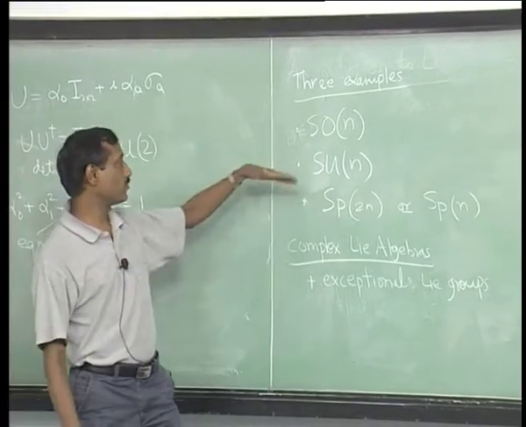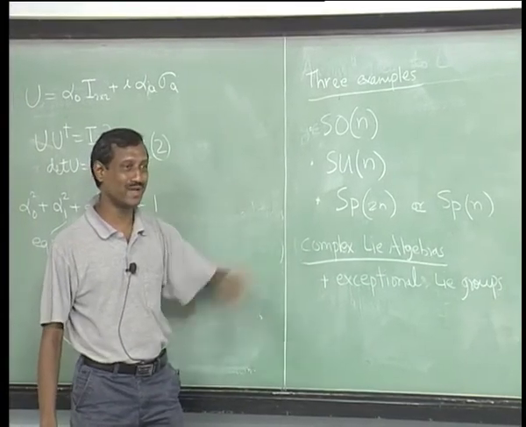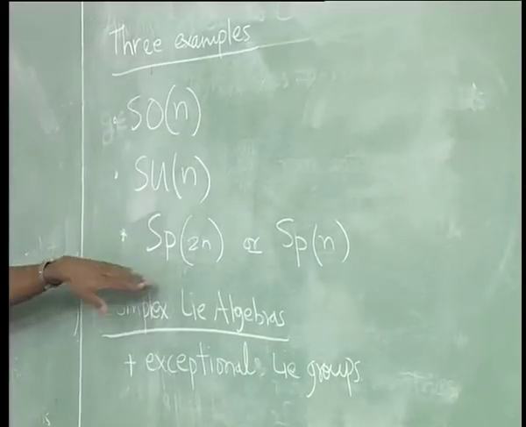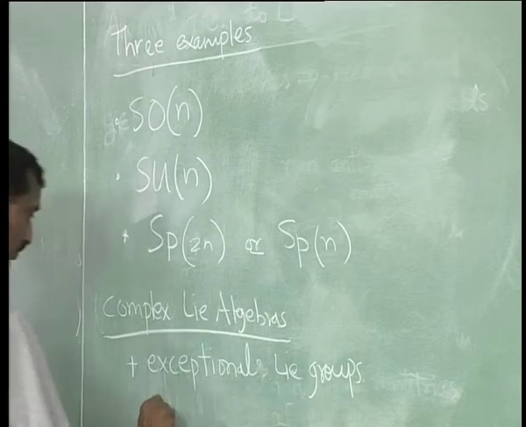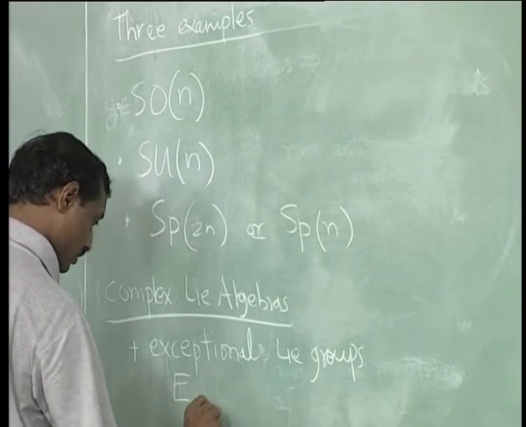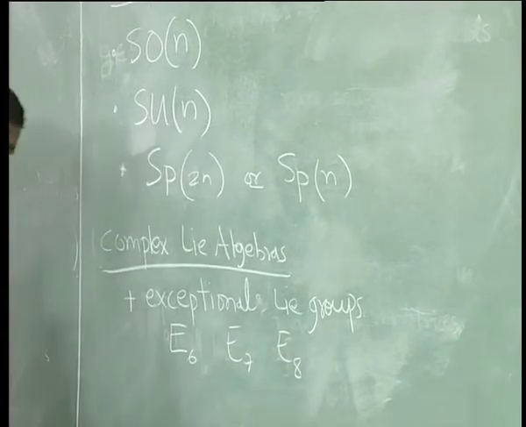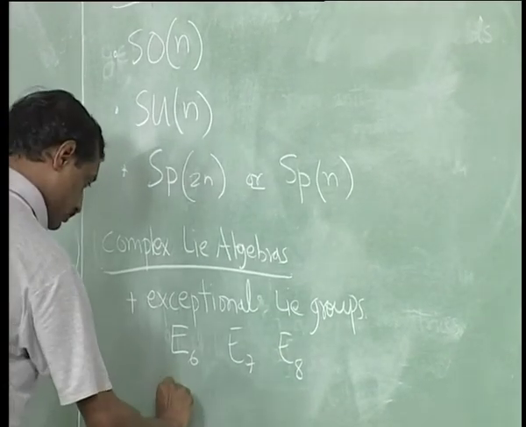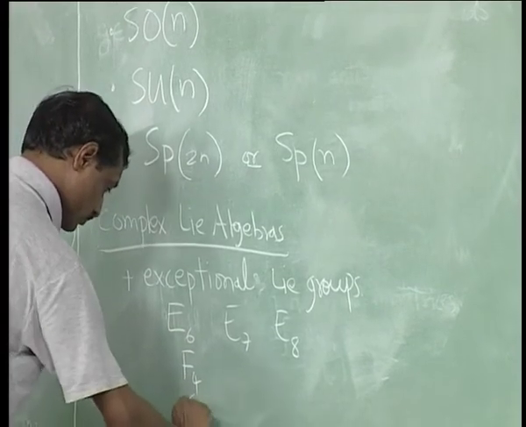So, they form A, B, C and D. I will not tell you which one is which, you go back and check. That covers these, but then you have E, F and G: E, then F4 and G2.